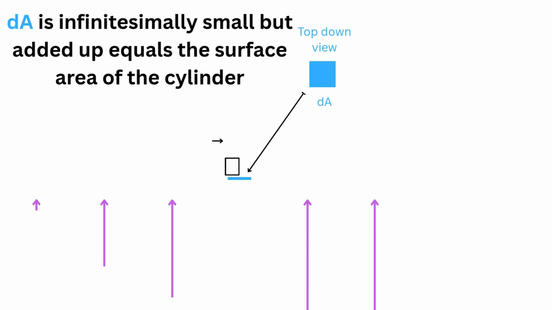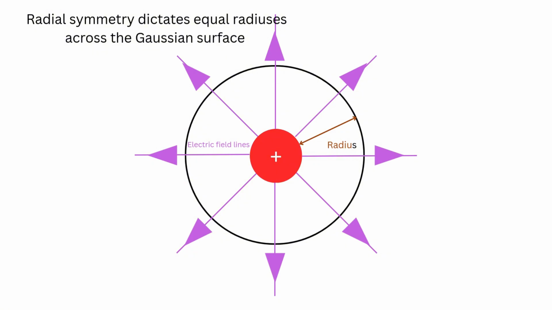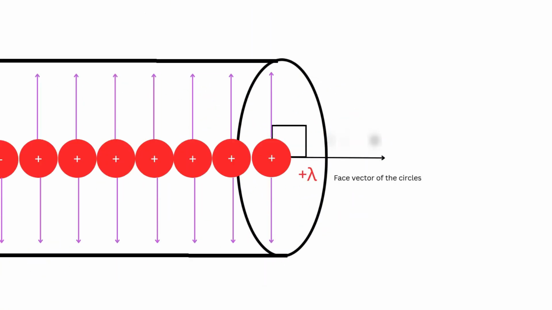Radial symmetry ensures equal values for electric field strength across the whole cylinder. However, for the circular faces on the ends of the cylinder, the field lines are perpendicular to the normal vector. Therefore, we don't consider them in our final equation.